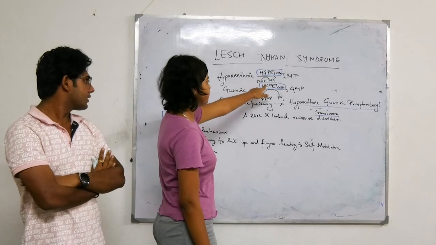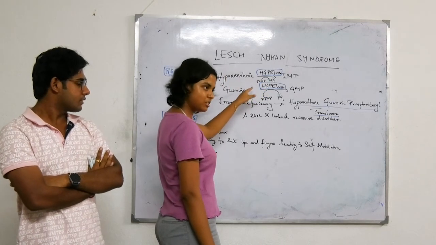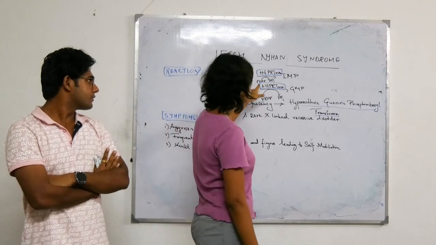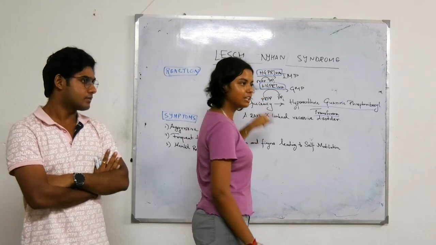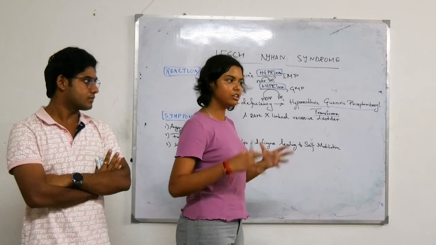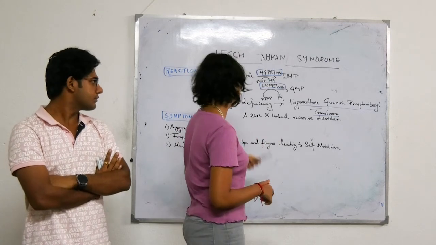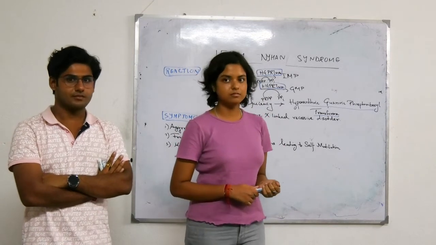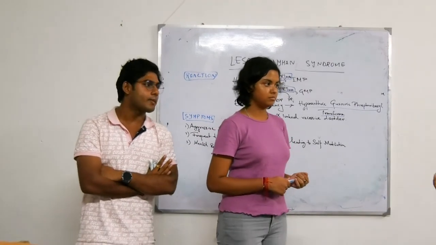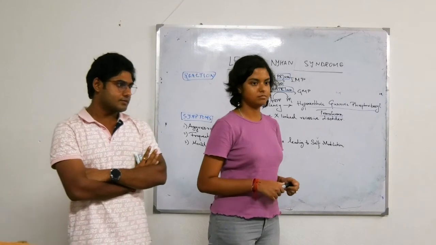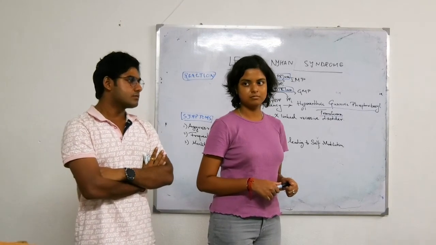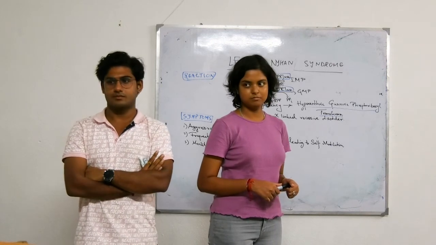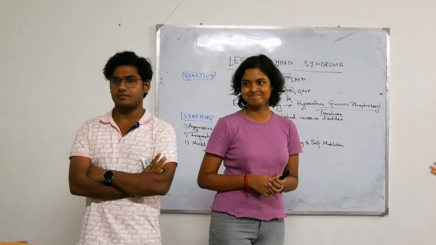Increased amount of activation, uric acid. Yes, that's correct. That means accumulation of PRPP. That PRPP goes for the purine synthesis pathway. Is it correct or not? Yes. Any more questions?